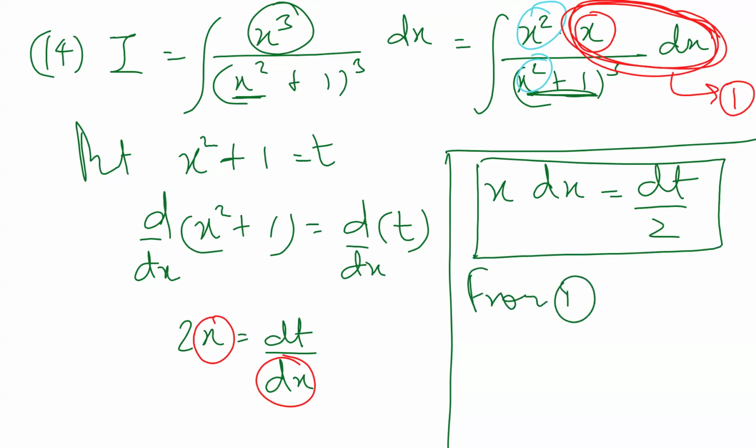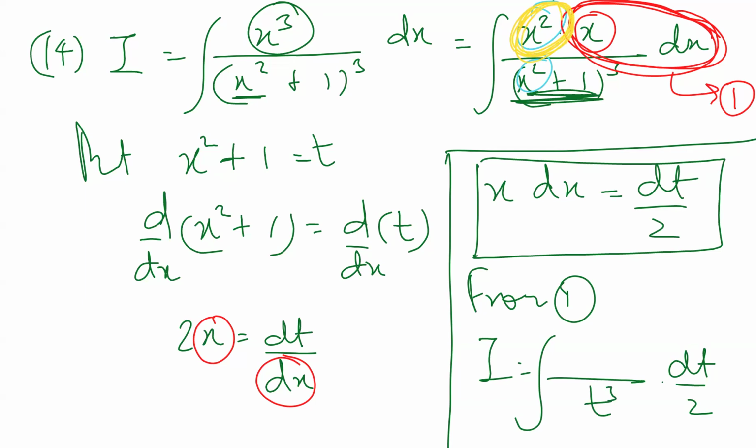So from 1, integration x dx is dt by 2. x square plus 1 is t, so this is t cube. Now we are left with only this x square, the yellow colored. So that x square is nothing but t minus 1.